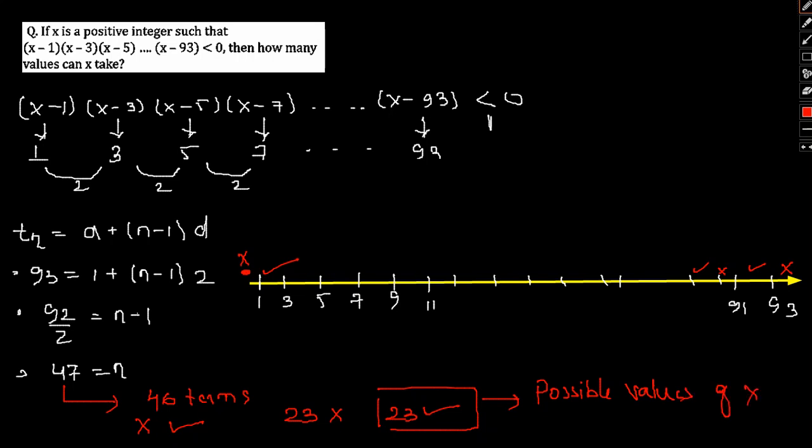Therefore x can have 23 values. I initially messed up my calculation of 92 by 2, but otherwise the process remains the same.